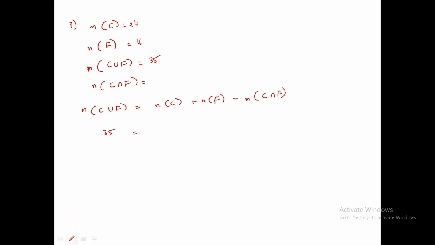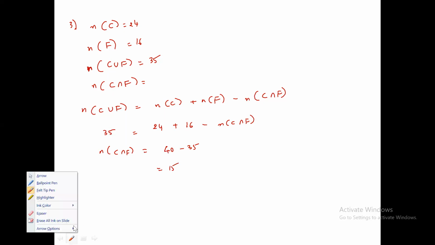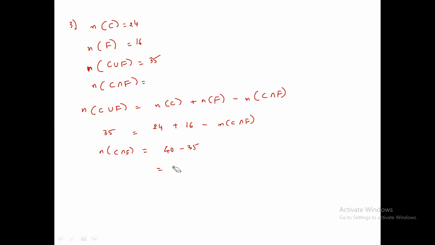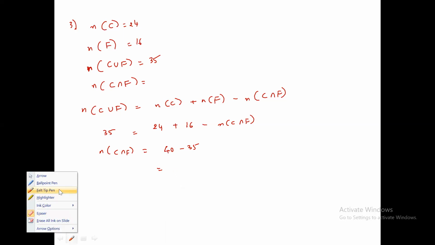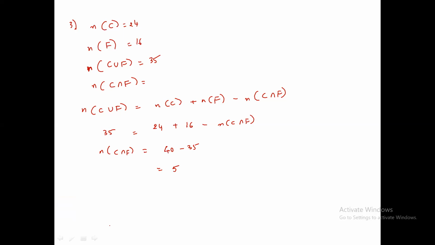We are given, we can use N of C as 24. N of F is given 16. N of C intersection F we don't know. So N of C intersection F will be 24 plus 16, that is 40, minus 35, that is 5. Sorry, not 15. It has to be 5. 40 minus 35 is 5.